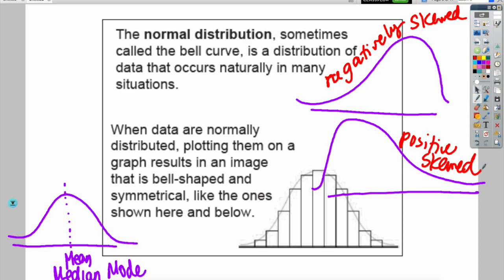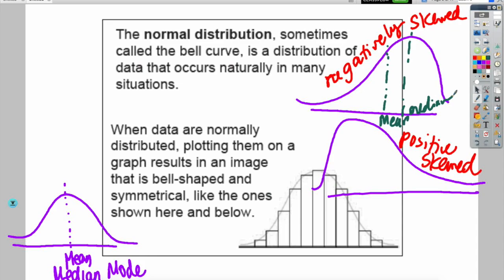Okay? So basically what that means is that for ones like this, your mean is going to be smaller than your median. So like here, your mean would be smaller than whatever your median value was. And this one would be vice versa. Okay, this is helpful in the sense of SAT, ACT, when they start giving you data and they say, oh, well, is the mean greater than the median?